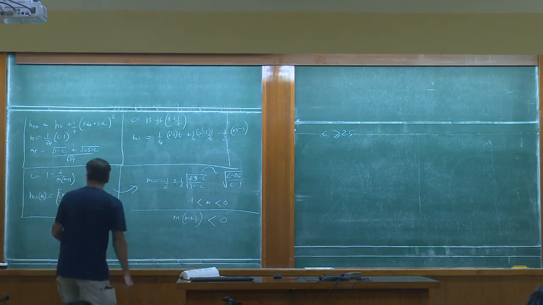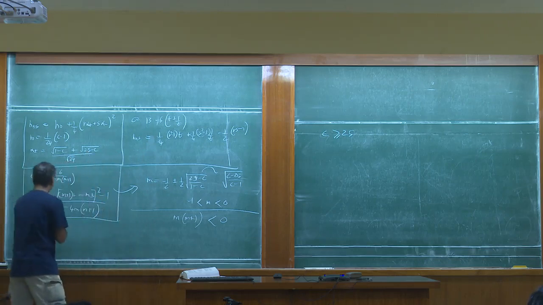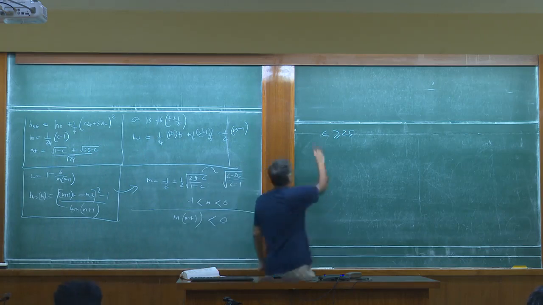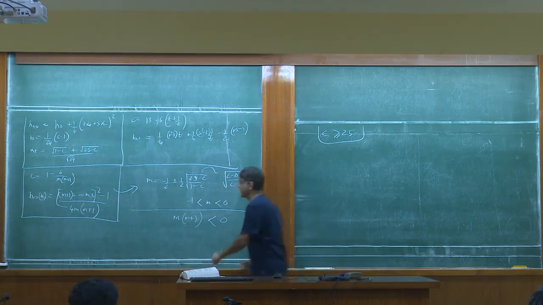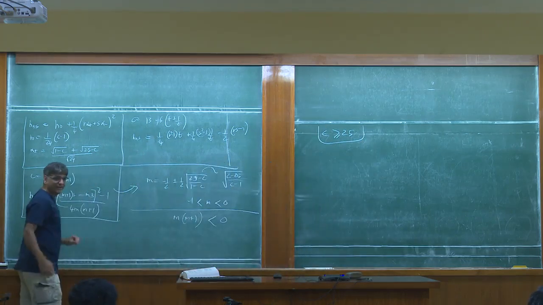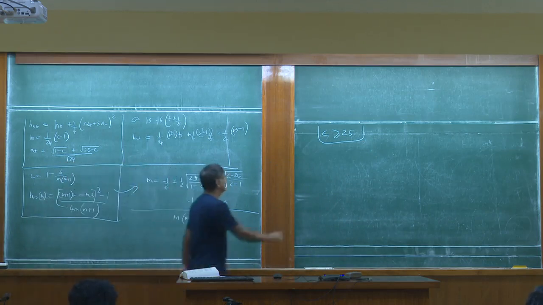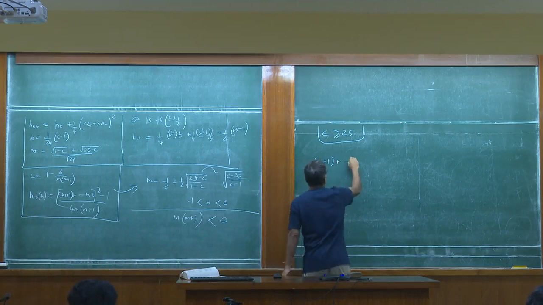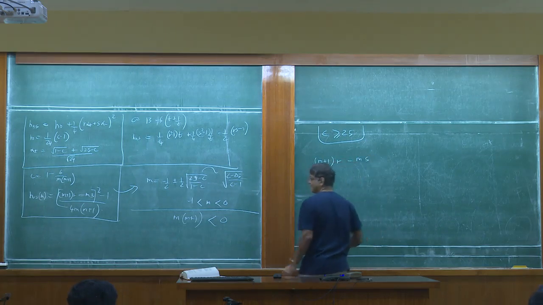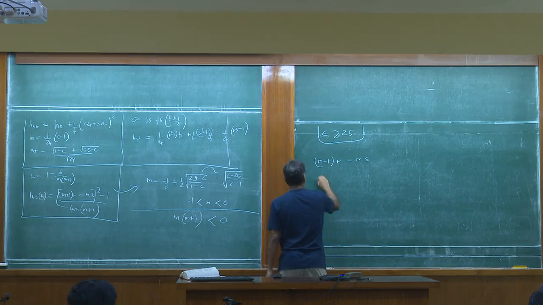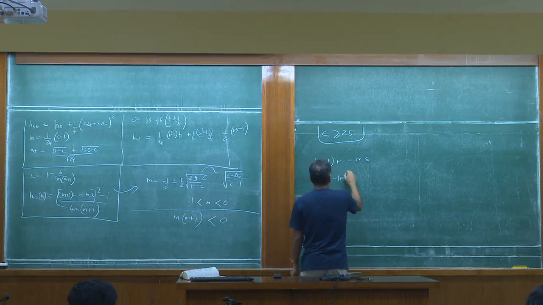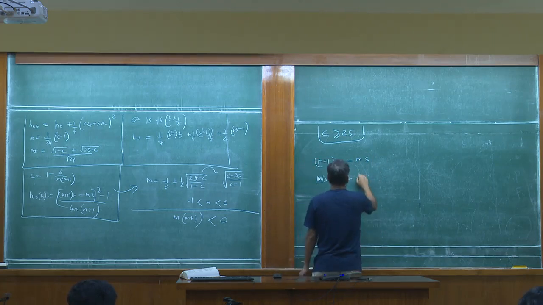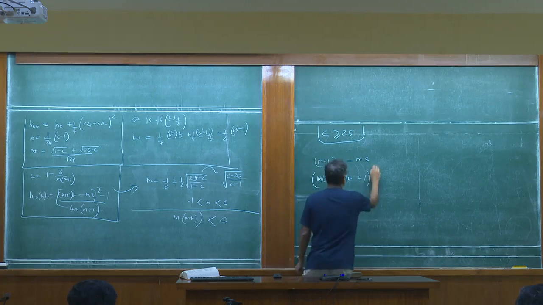Okay? But now let's look at the numerator. Remember that m is negative, so we'll write everything in terms of mod m. So we'll write m plus 1 into r minus ms. We'll write that as mod m into s minus mod m into r plus 1, the whole thing squared.